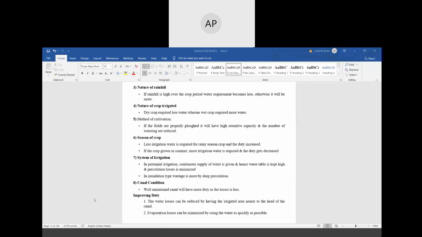So next is method of cultivation. Who is going to leave? Is my screen visible or not? I have not seen your message. Now it is visible. Yes, ma'am. Okay. Someone has messaged me that they cannot see the screen. Okay.